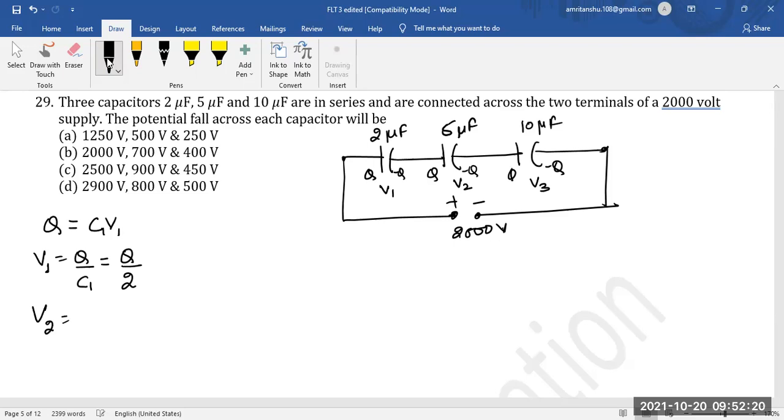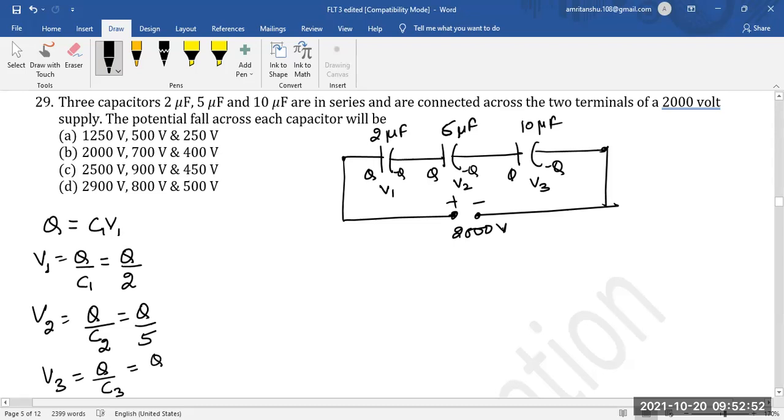V2 is going to be Q by C2, which is going to be Q by 5, and V3 is going to be Q by C3, which is going to be Q by 10.